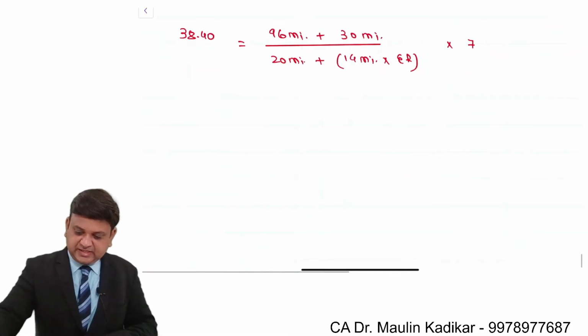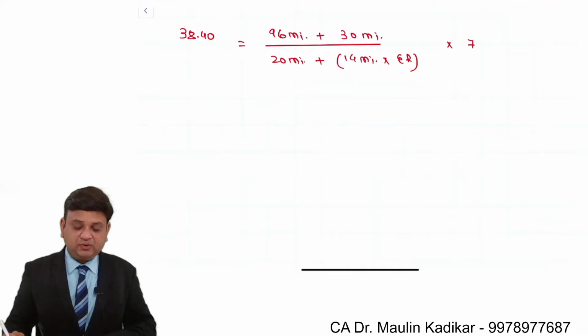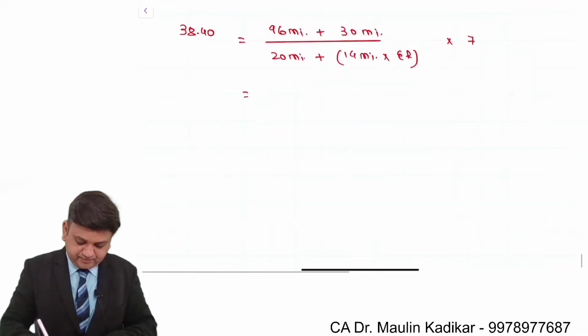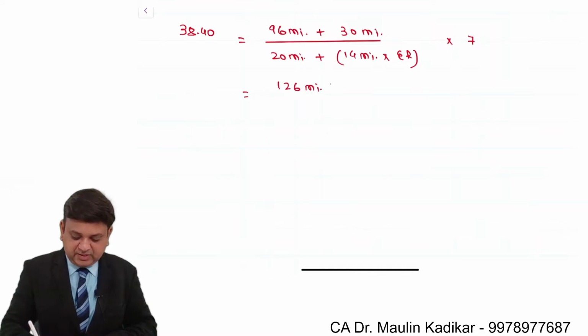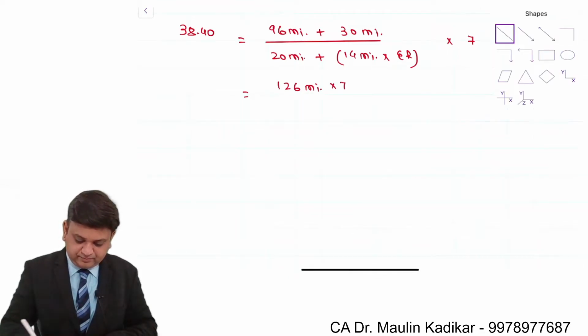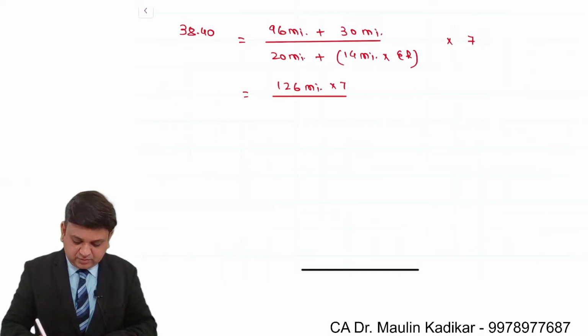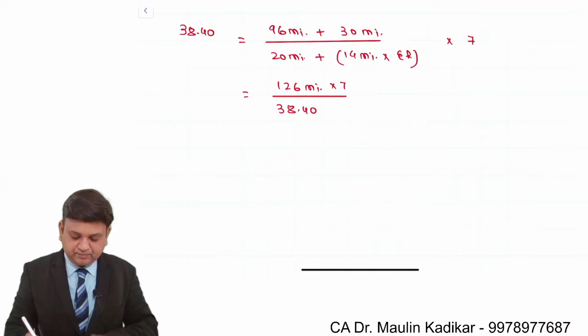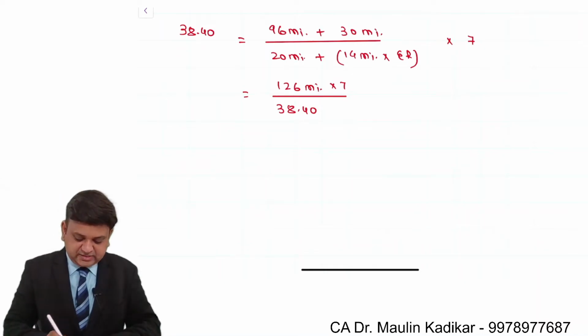So now 96 plus 30 comes to 126. So 126 million into 7 divided by 38.4. The 20 and 14 exchange ratio is transferred to the left hand side.